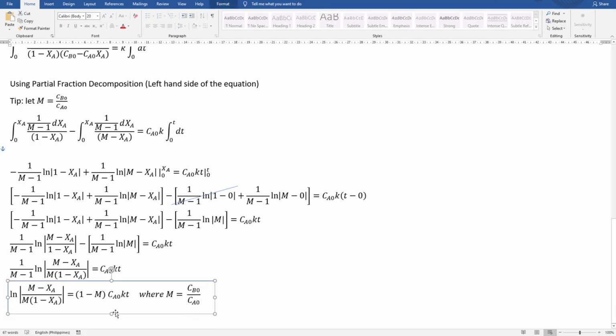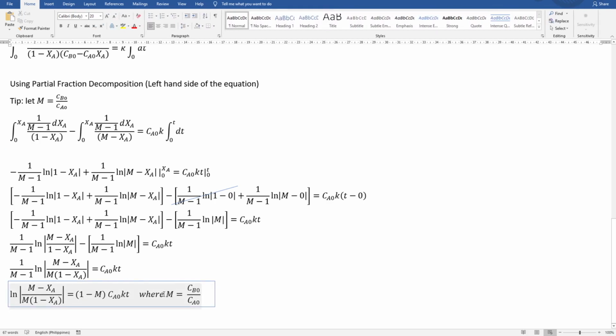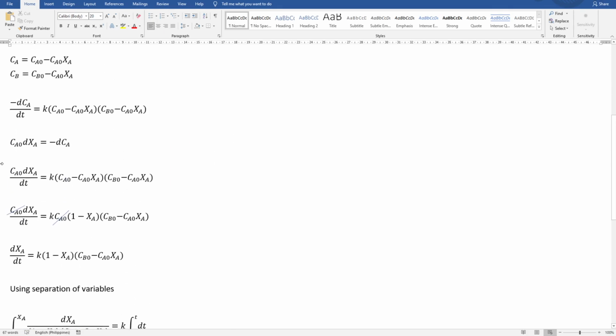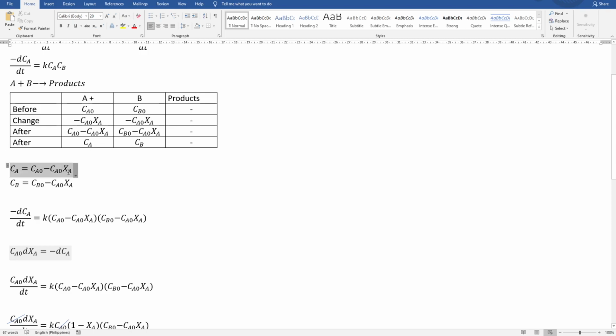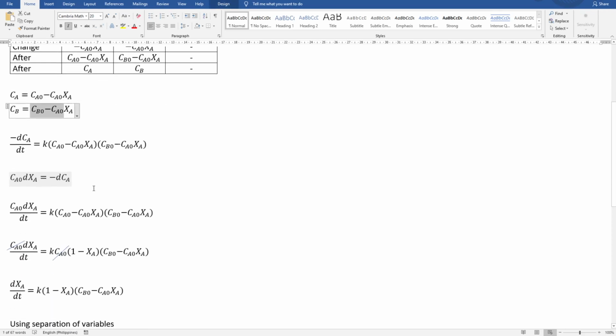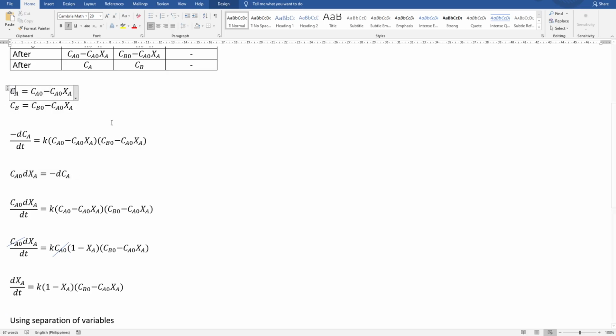Also, if we further manipulate this, I mean, substituting back the equation, substitute na to ni siya, wherein our CB is equal to this, CBO minus CAOXA, and CA.